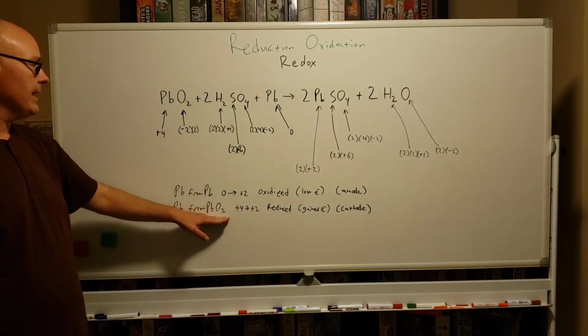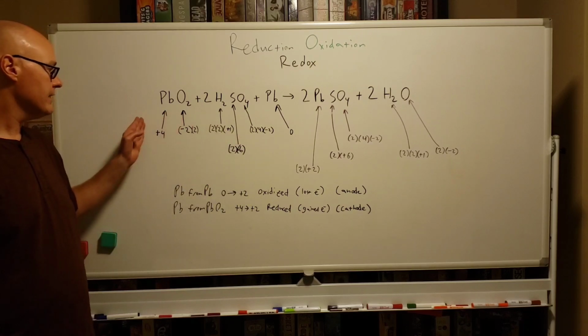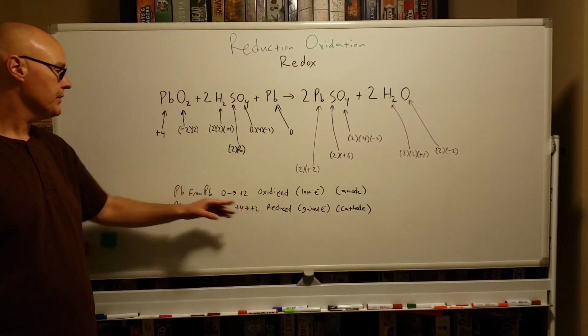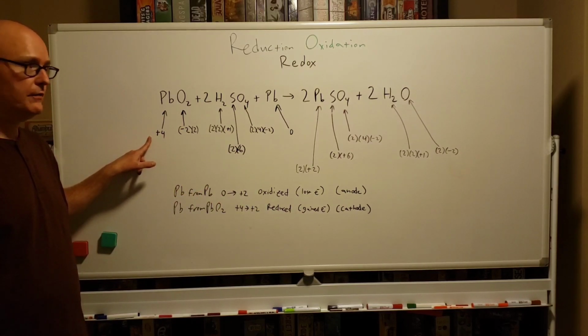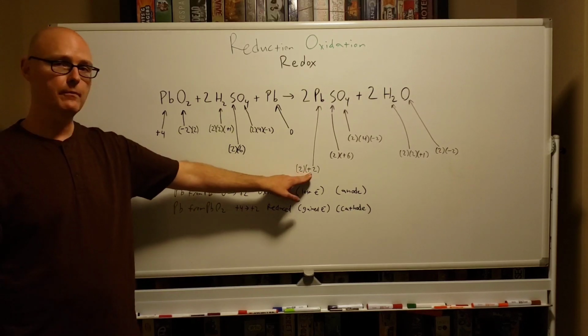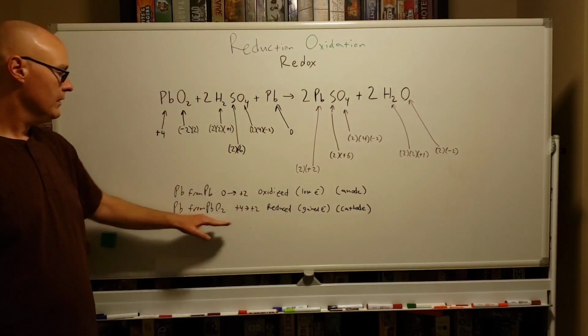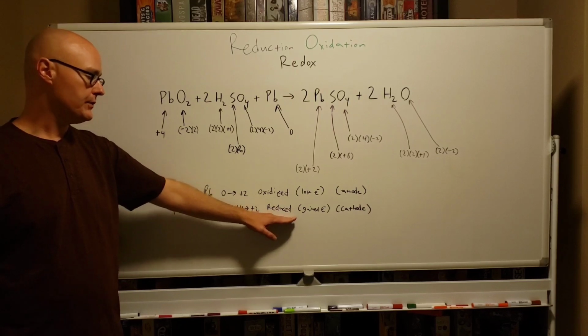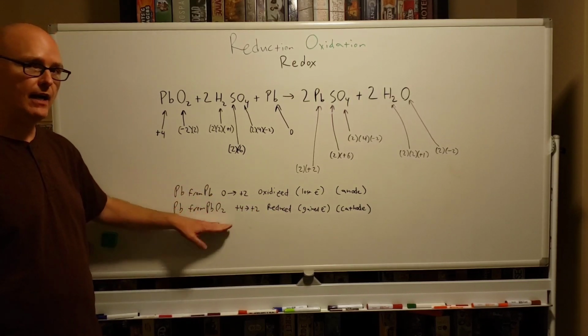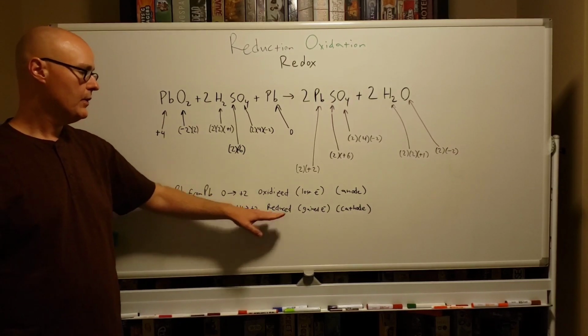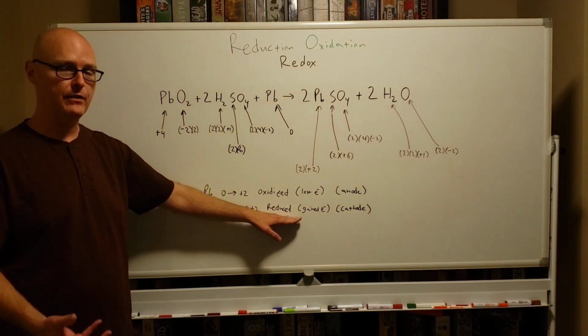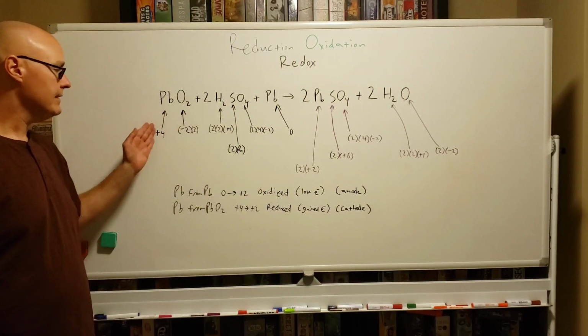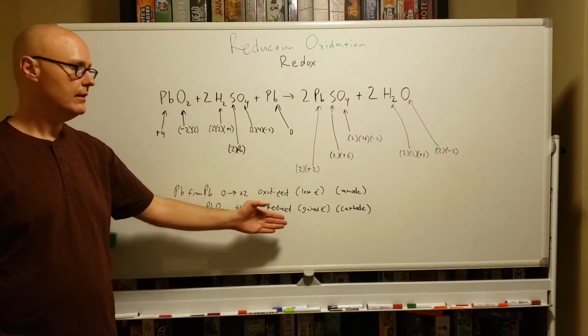The lead from the lead oxide was reduced, went from +4 down to +2. In order to do that, I had to reduce, right? So the lead from the lead oxide was reduced. Reducing means I've gained electrons. So this plate gained electrons.